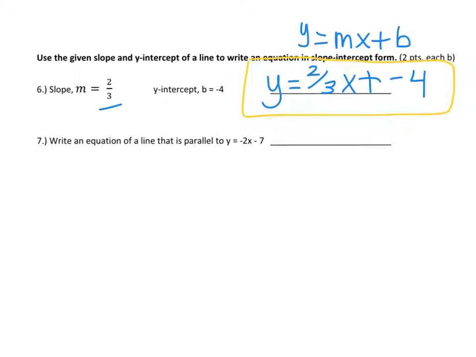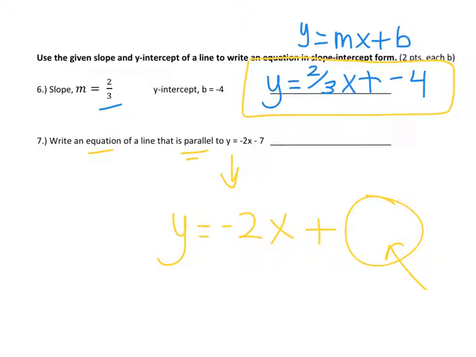For the next one, it says write an equation of a line that's parallel to y equals -2x minus 7. A parallel line would have the same slope. So we keep the slope, and then we choose what y-intercept we want. So you can put any value in here that you wish.